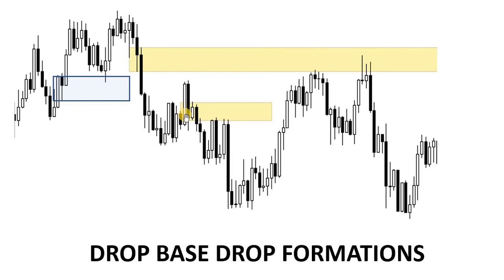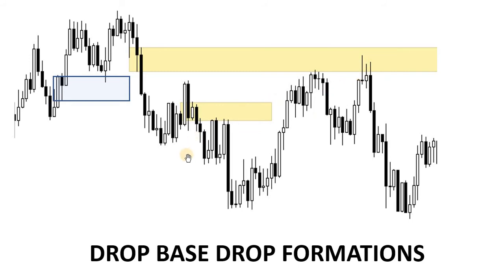Now if you look at this carefully, this is the visible base type of drop-base-drop formation. There's a liquidity grab here, and price breaks structure, creating a drop-base-drop formation. And you can see how price came, tapped it, and gave you a nice trade if you would have taken that trade while waiting for this one.